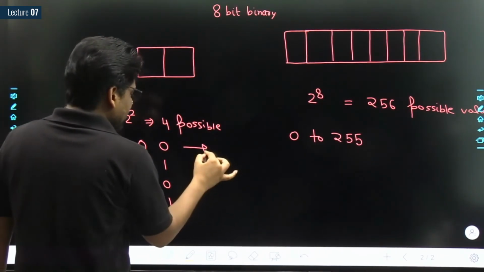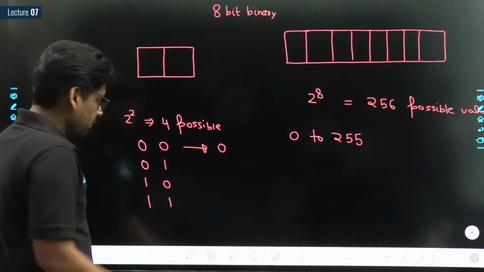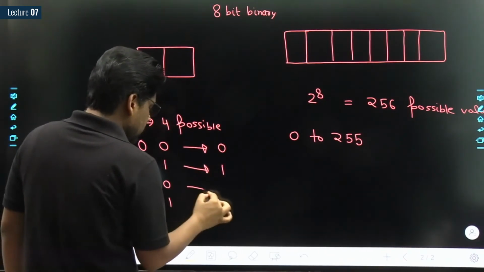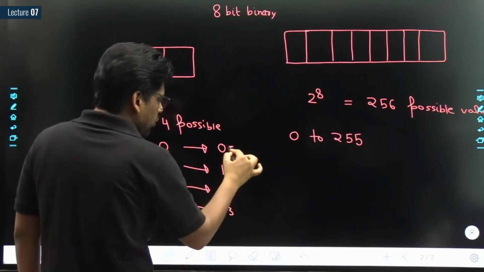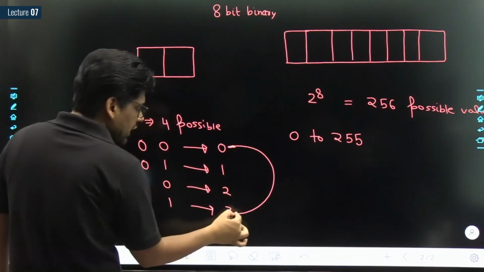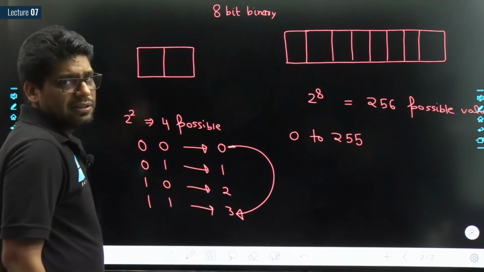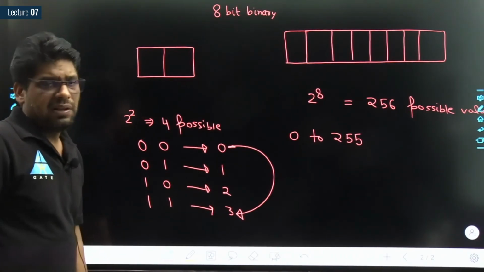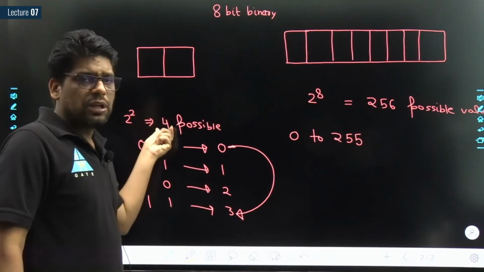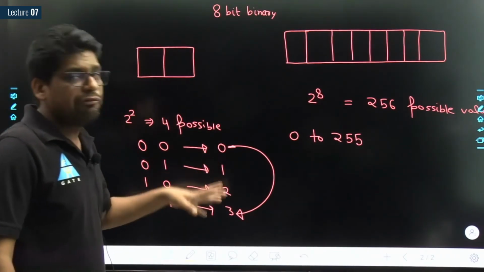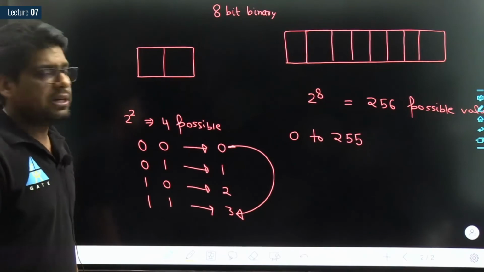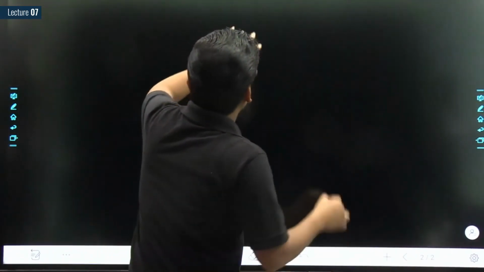If I say that this is 0, this is 1, this is 2 and this is 3, sir, we started the counting from 0 and it goes till 4 minus 1. This is what I need to convey. Sir, overall possible values are 4, but if I start the counting from 0, it goes till 4 minus 1. Try to understand. Okay, sir, we get the concept.